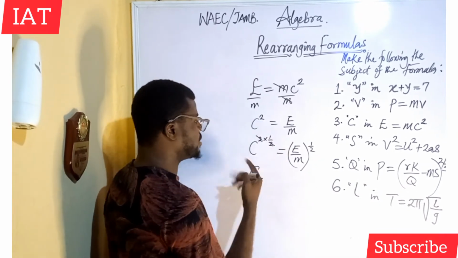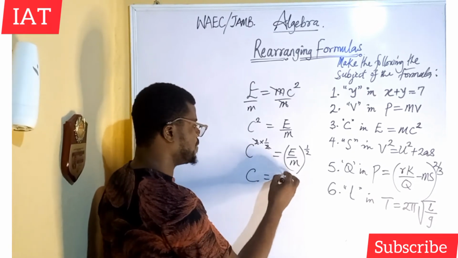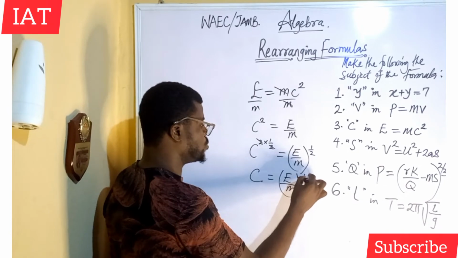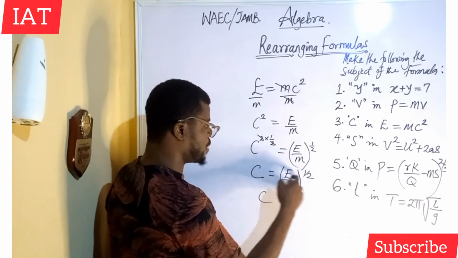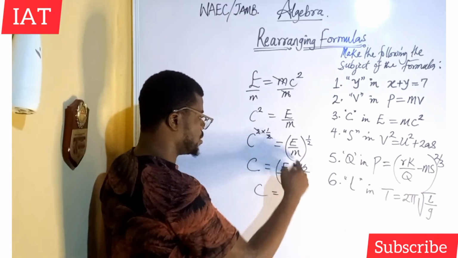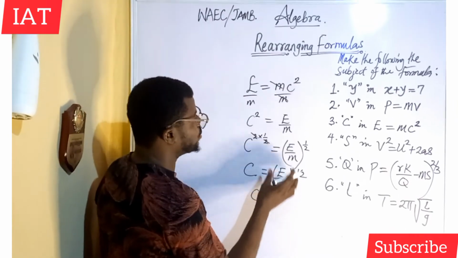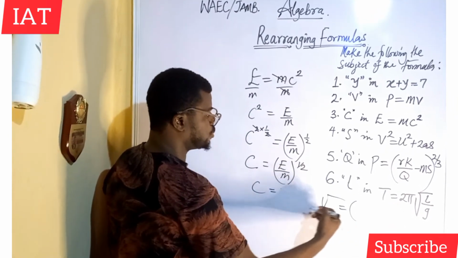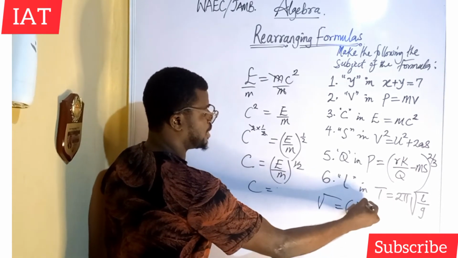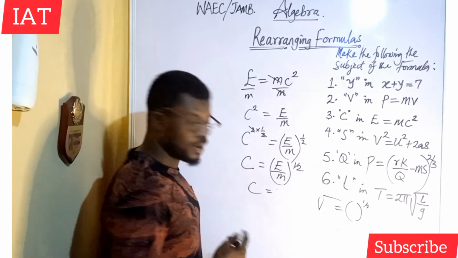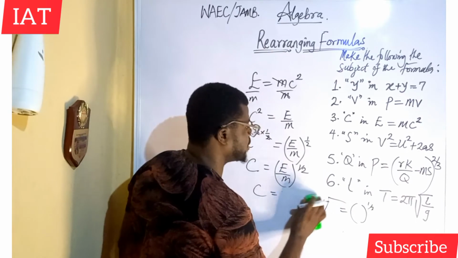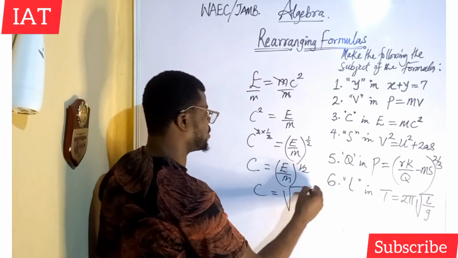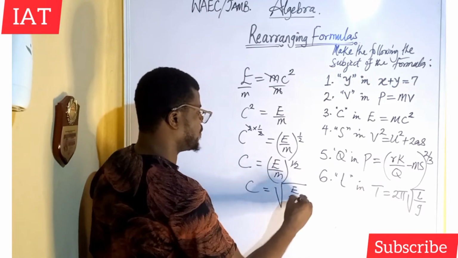C to the power of 1 is still c, equal to, you can leave the answer as E over m to the power of 1 over 2, or you can change this 1 over 2 to be the square root. Half means square root. Remember that, or notice that square root changes to bracket open, then half on it. So if you get this concept, that's the same thing I'm doing. So you can change the expression to be the square root of E over m.